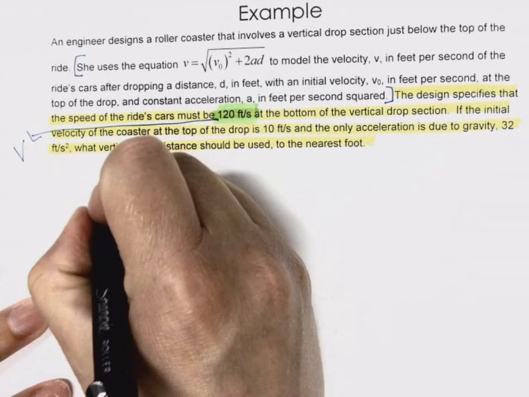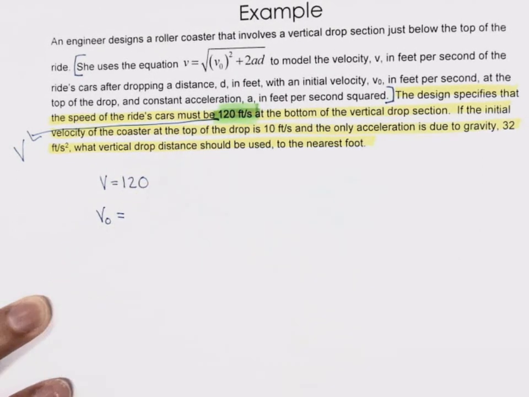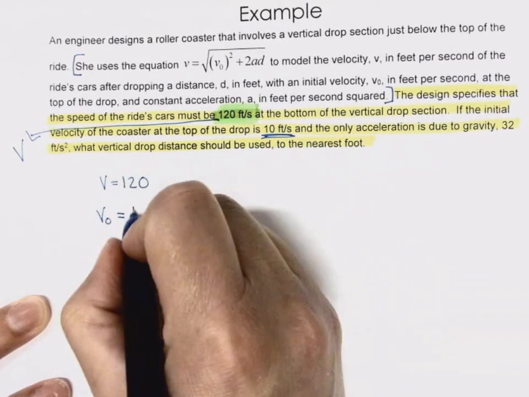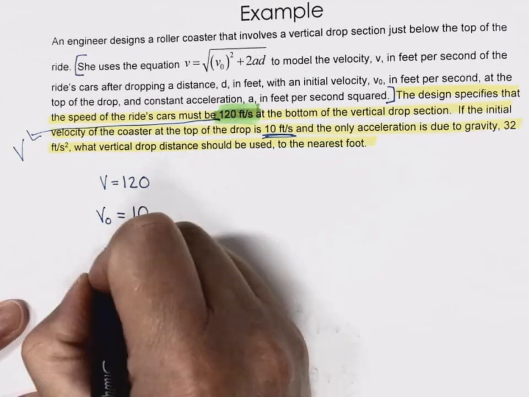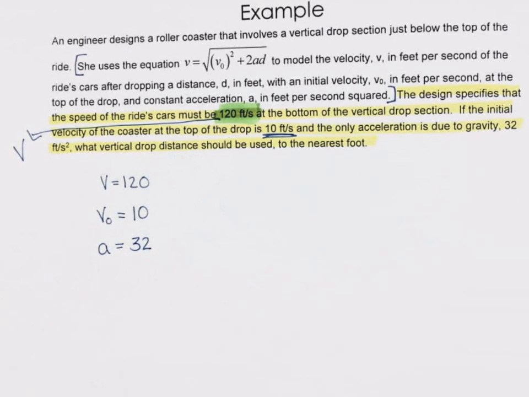So we know that V is 120. We know that V initial is how much? 10. Okay. The acceleration due to gravity, but we're in feet, not meters, right? So this one's 32.